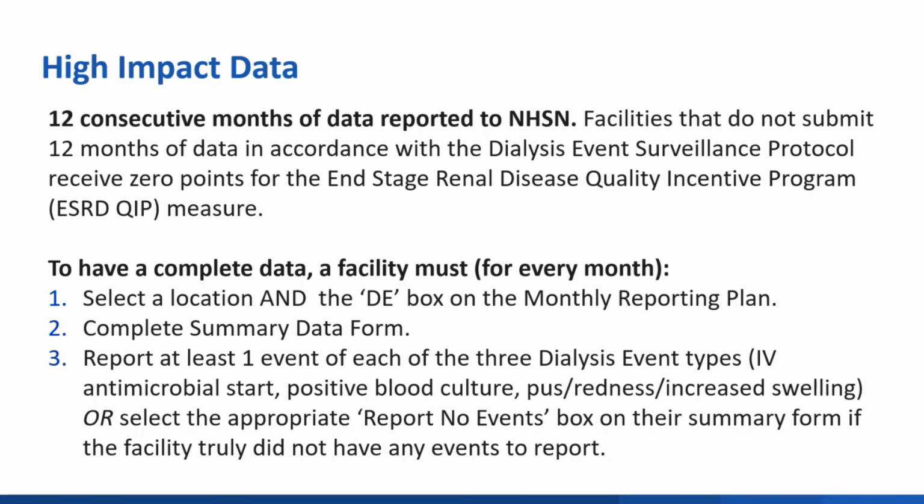So that's an antimicrobial start, a positive blood culture, or pus, redness, and increased swelling, or must select the appropriate report no events box on their summary form if the facility did not have any events to report for that specific month. So it is imperative that you complete all of these 3 for all 12 months of the year to receive all credit under the ESRD QIP measure.